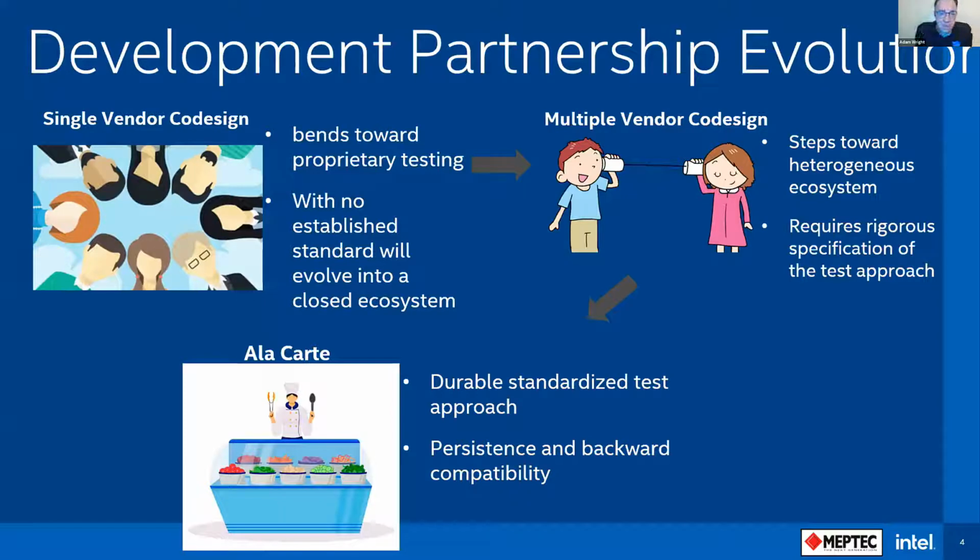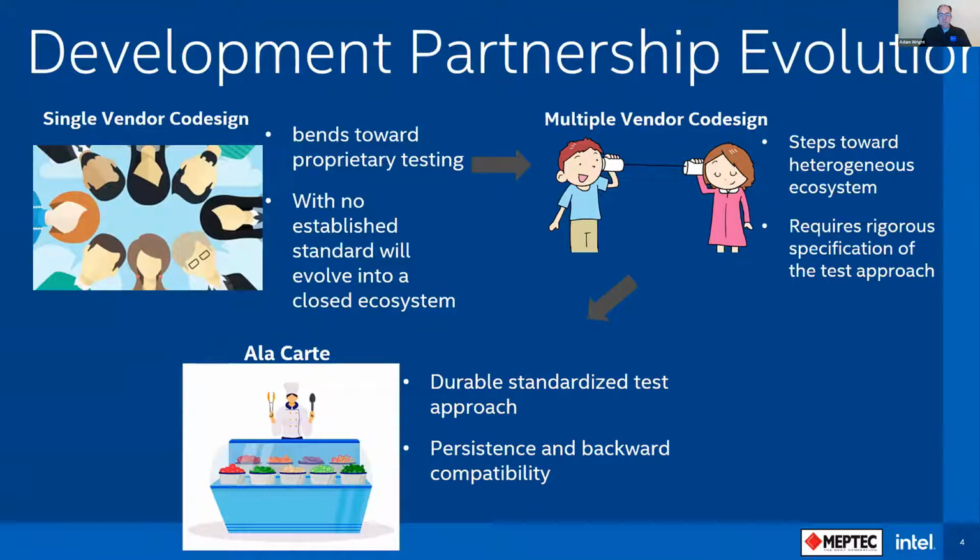We need to open up and decide what is proprietary and a trade secret, and what is something that needs to be known to the ecosystem in order for us to have a heterogeneous environment that actually sticks together. And again, what we want is persistence, that everybody's doing the same thing, and backwards compatibility.